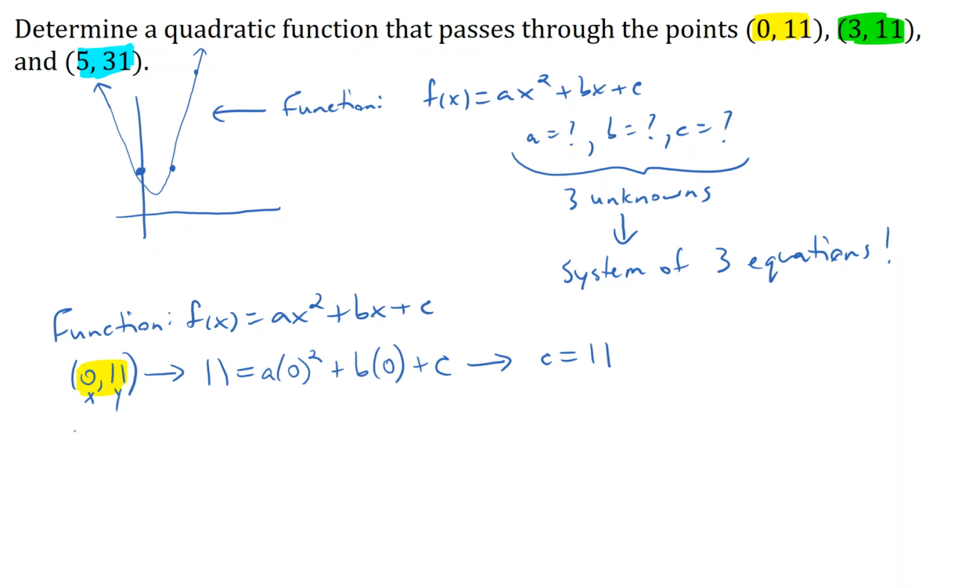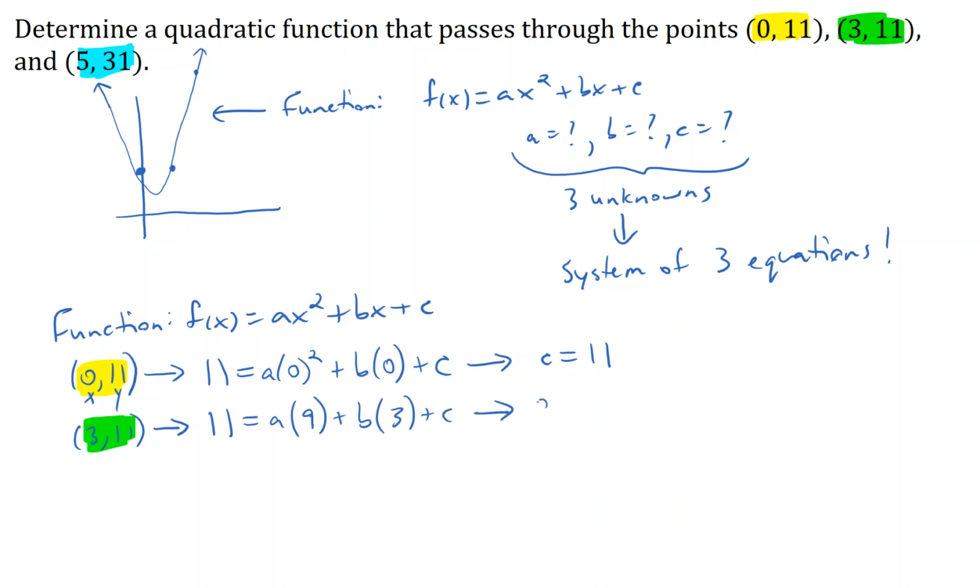All right. Let's use our next ordered pair, 3, 11, and do the exact same thing, plugging into our function equation. So y is 11, f of x is y, remember, equals a times x squared, x is 3, so 3 squared or 9, plus b times x is 3, plus c.